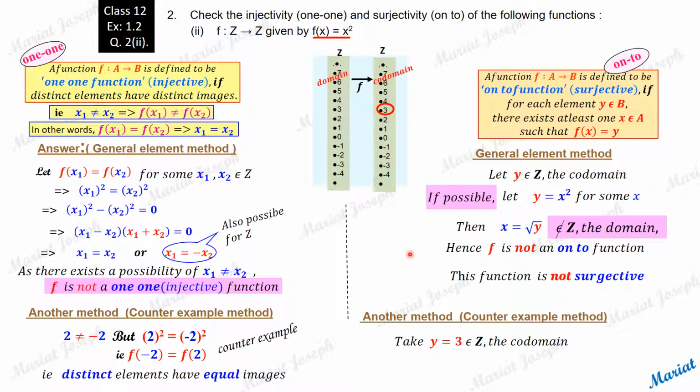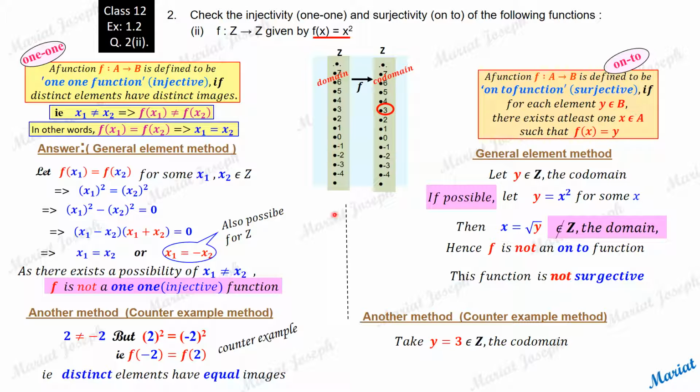Let us take y is equal to 3. Let it belong to the codomain. Now, is there any x whose square can be this 3? That is what it should satisfy. I have taken a y in the codomain. There should exist at least one x in set A, in the domain, so that its image is 3.